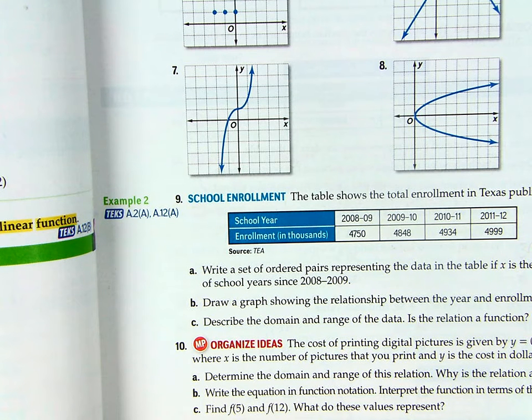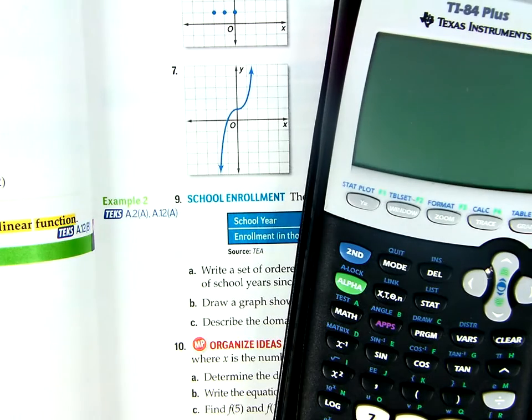Okay, let's start out talking about the calculator. Now, we are eventually going to learn how to get the calculator to do a whole bunch of work for us, but for this class, it should only be in checking your work, not actually doing the work.